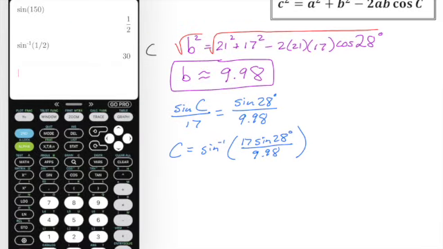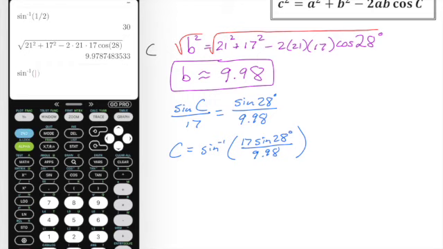And when I bring that in here, and just to bring something back here, there was the side b that we found earlier. Now I rounded it to 9.98. But if I'm using that to find another part of the triangle, maybe you don't want to use just two places.